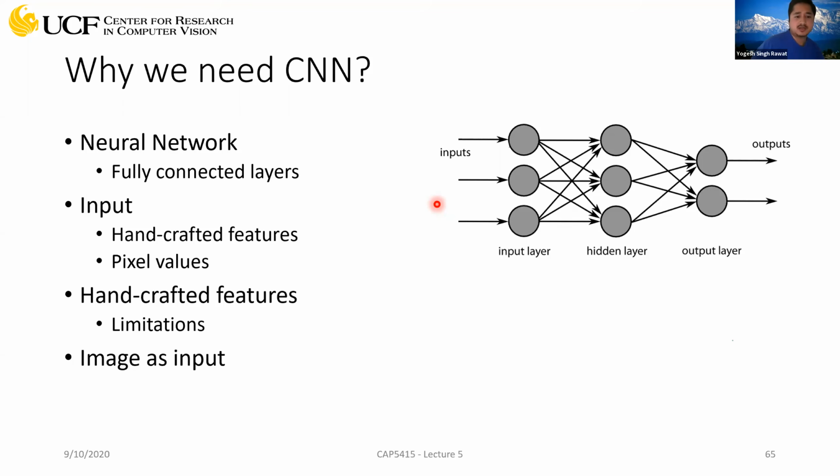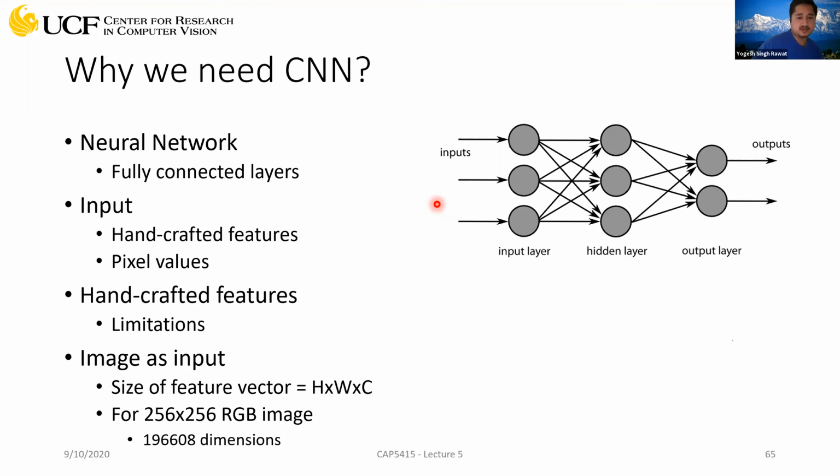Now, if we use an image as input, let's consider what the size of the input layer will be. Let's say we have a small image, just a 256 by 256 RGB image, so we'll have 3 different channels. If we flatten this image and transform it into a feature vector, that feature vector will be of this dimension, roughly 200K.